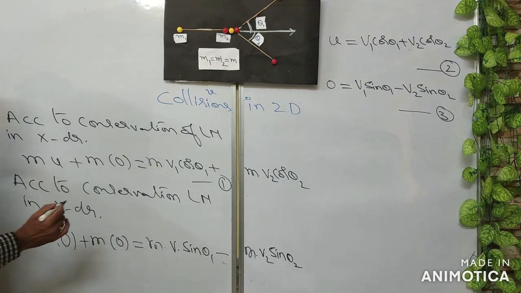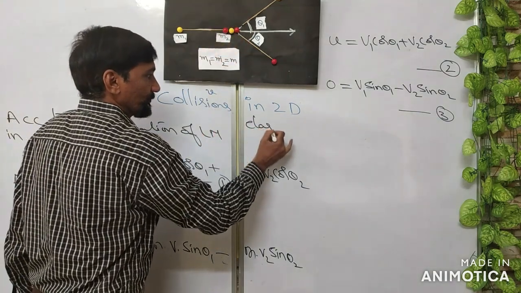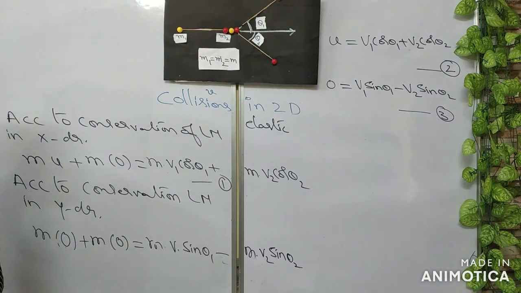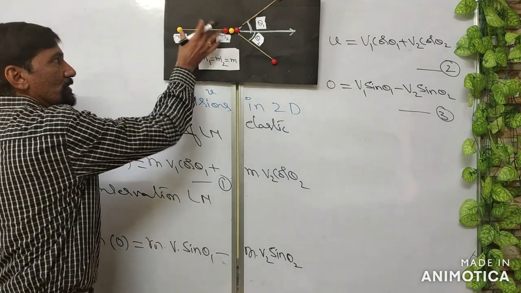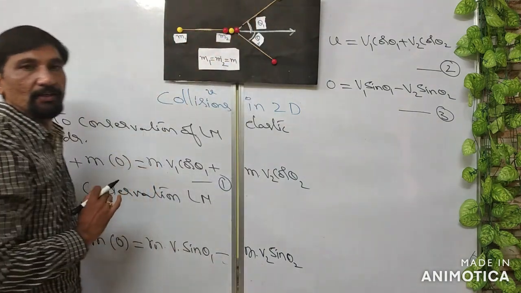We are assuming the collision is elastic. If the collision is elastic, it definitely follows conservation of momentum, and also energy: the total kinetic energy before collision equals the total kinetic energy after collision.